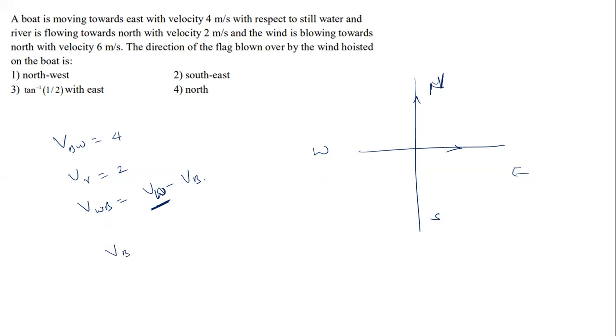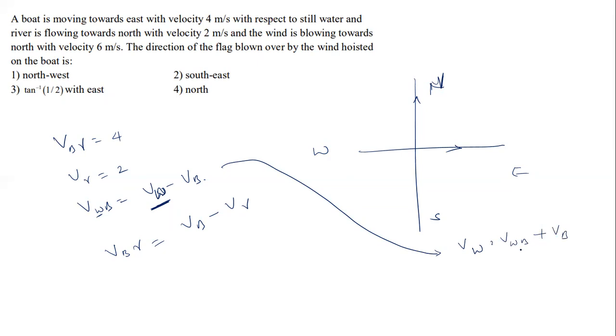Here this W, don't take it as water, here it is wind. Here we will take it as R with respect to river. So velocity of boat with respect to R is equal to VB minus VR, right? So from this expression, VB we required, V wind required. So VWB plus VB.